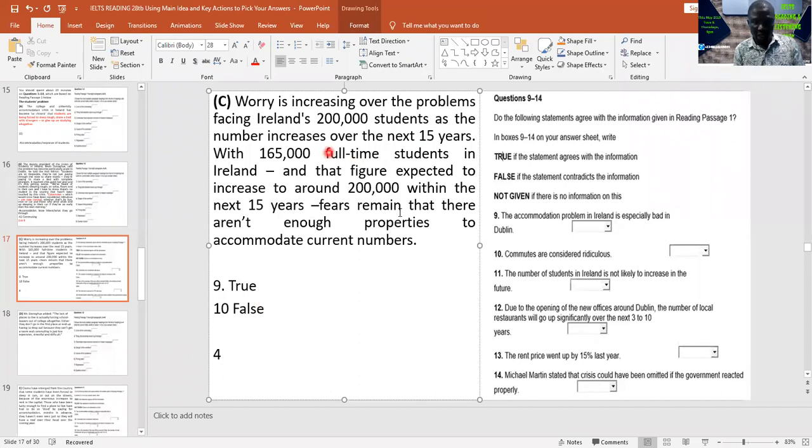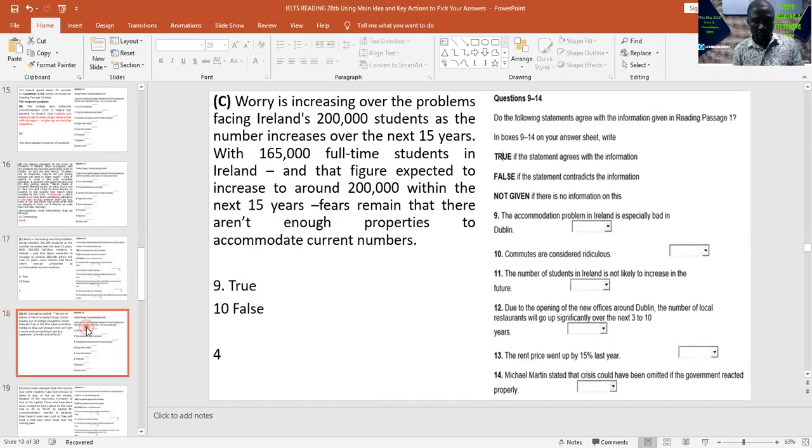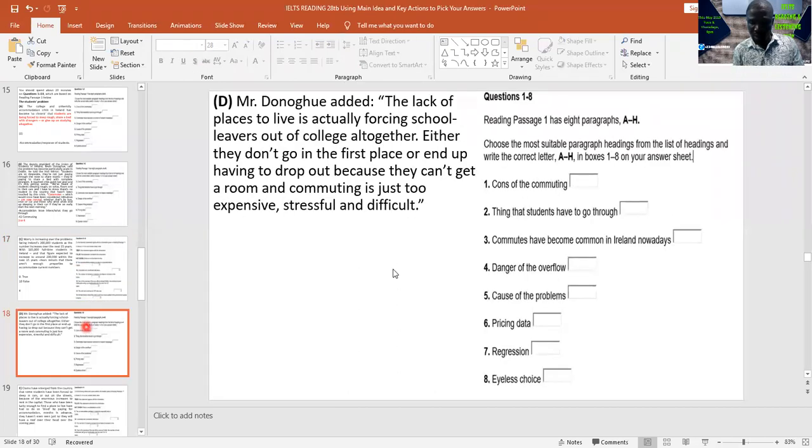They use the word fear, they use the word worrying, and they also gave us statistics of the problem.